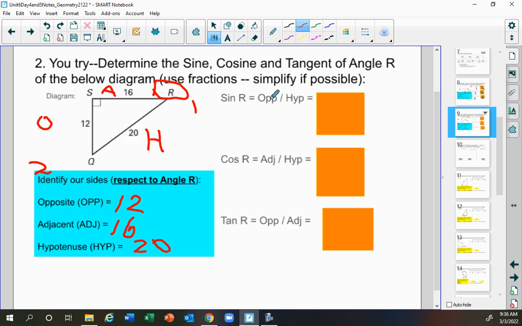Now, do we have enough information to get the sine, the cosine, and the tangent? Yeah. All right, I want you all to do that for the next minute or so. Now, you can simplify these fractions. So use fractions, simplify as possible. So I want you all to try that for this one.